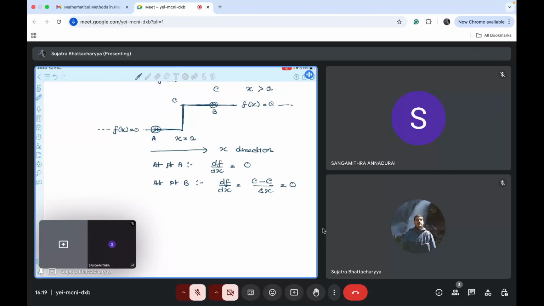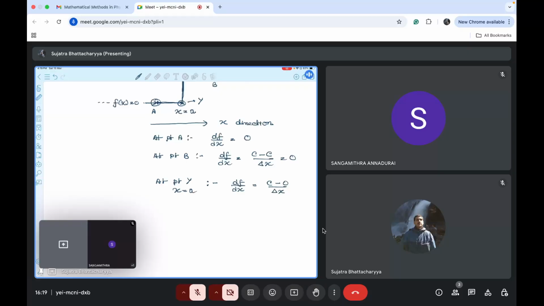Clear? What about at x equal to a? This point is represented by, let's say, some y. At point y, or x equal to a, with a very small change in x, what is happening? It becomes c minus 0 divided by some delta x, which is very small. This delta x is tending to 0.